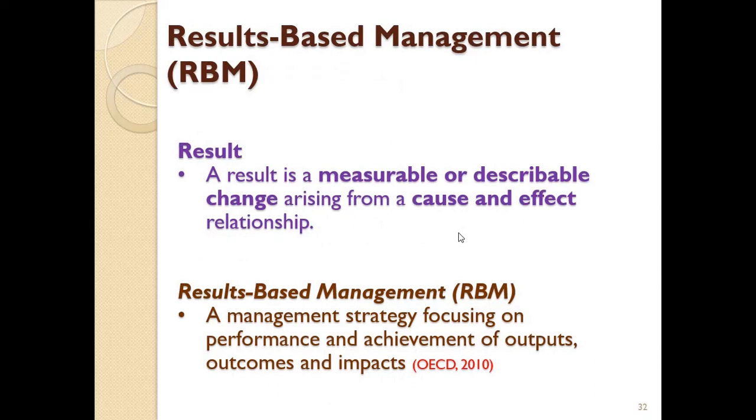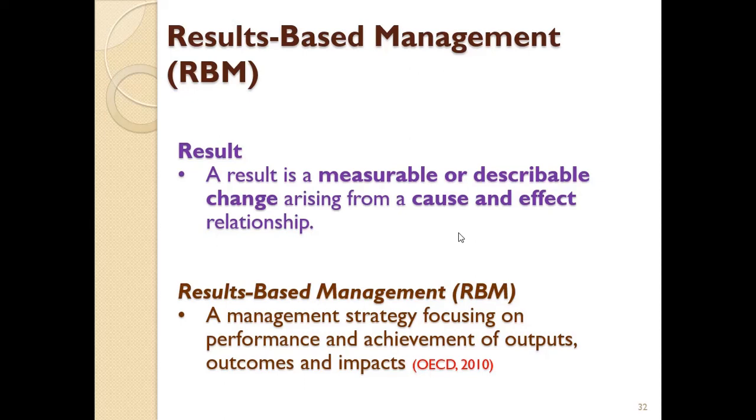terminology and processes. So we've been talking about results, but then what is a result? Any measurable or desirable change that results from any implementation process, that is a result. Okay, and it should be measurable and it can be measured.